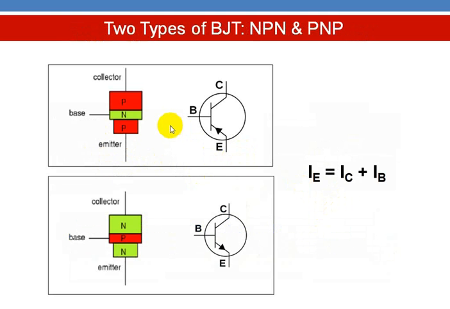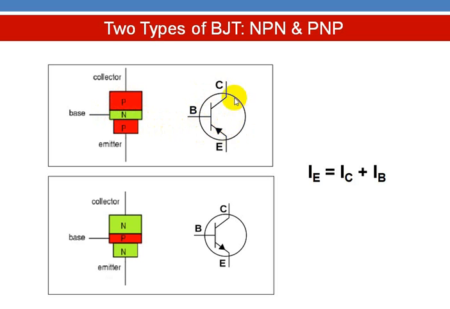The two types of transistors are PNP and NPN. PNP you can see here. Collector region and emitter region are P regions, and base region is N region. Usually the middle region will be thin as compared to the outer layers.